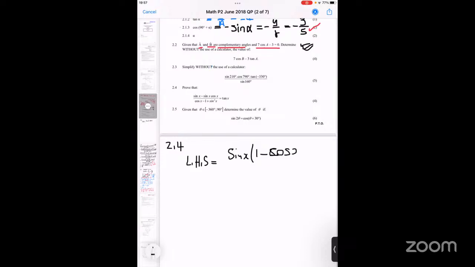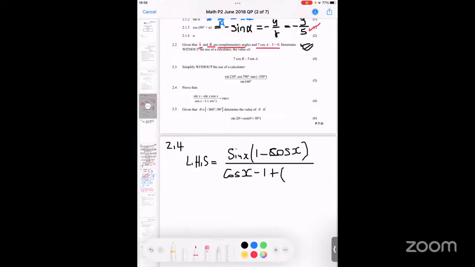If I take out sine as a common factor, I remain with cos x minus 1. I'm tempted to change this sine squared x, because I already see cos, so I'm tempted to change it so that I'm having cos.